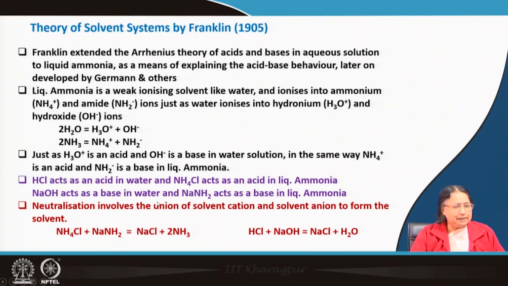For example, HCl we know acts as an acid in water, and ammonium chloride acts as an acid in a very similar way in liquid ammonia. HCl gives H+ ion in water medium, that is why it is an acid in water, and ammonium chloride in liquid ammonia gives NH4+. So, it is an acid.